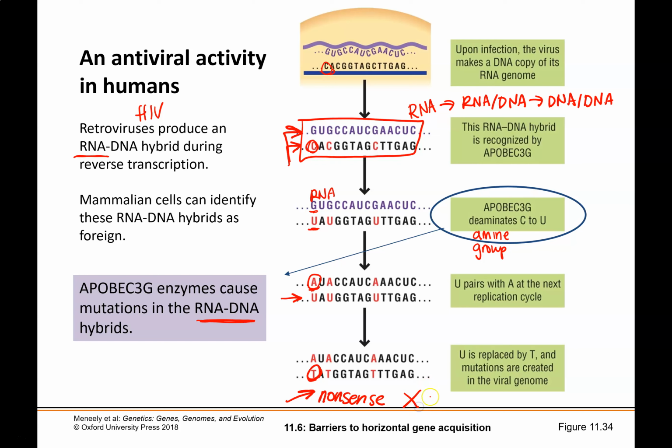So we get no new viruses, which means that viral infection is not going to spread to other cells. Now, this is not necessarily all cells, and it doesn't mean that it's going to block all viral infections, but it's definitely going to slow down viral infection in some cells.